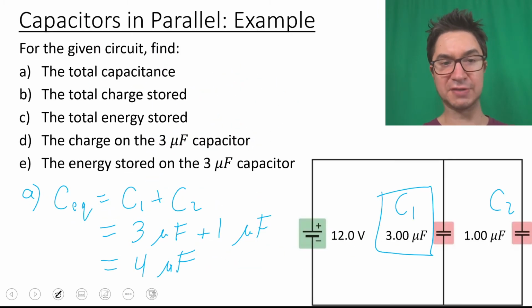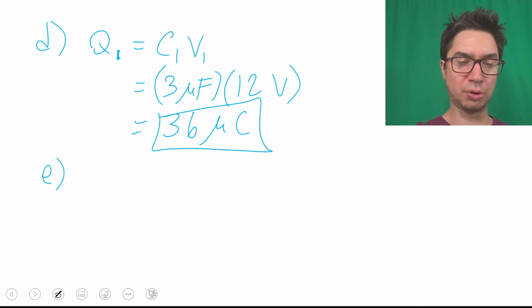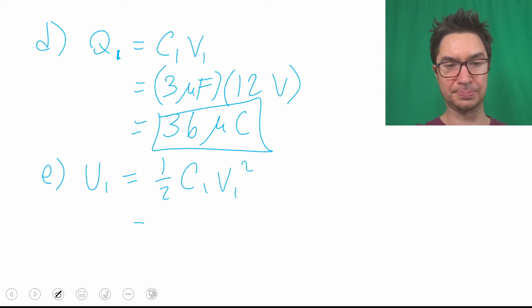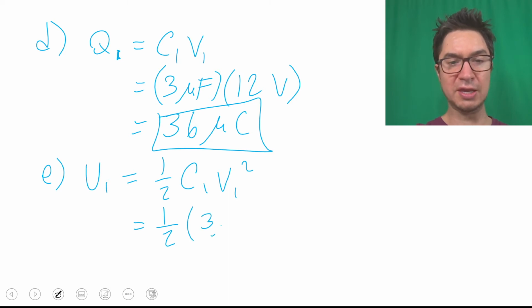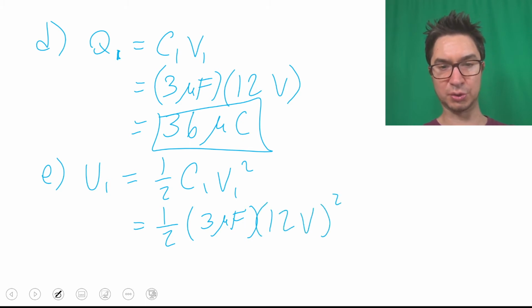Part E says find the energy stored on the 3 microfarad capacitor. Well, we're going to call this energy 1, or potential energy 1, is equal to 1/2 C1 V1 squared. So this is 1/2 times the 3 microfarad capacitor times the voltage. Again, everybody gets the same voltage in parallel. So that's 12 volts squared.